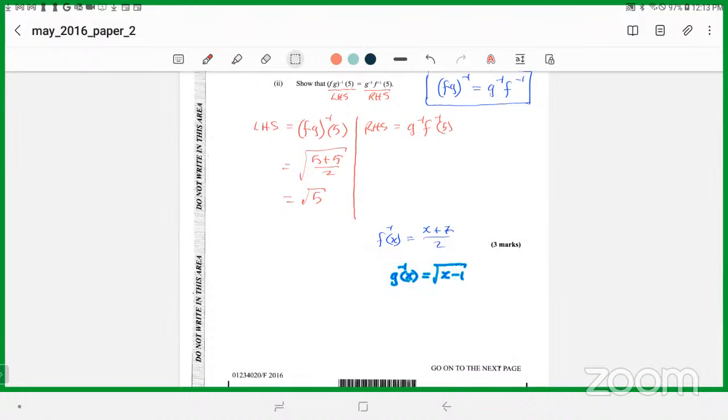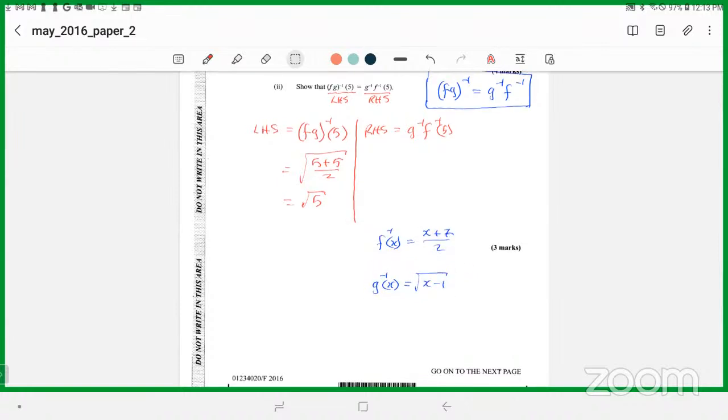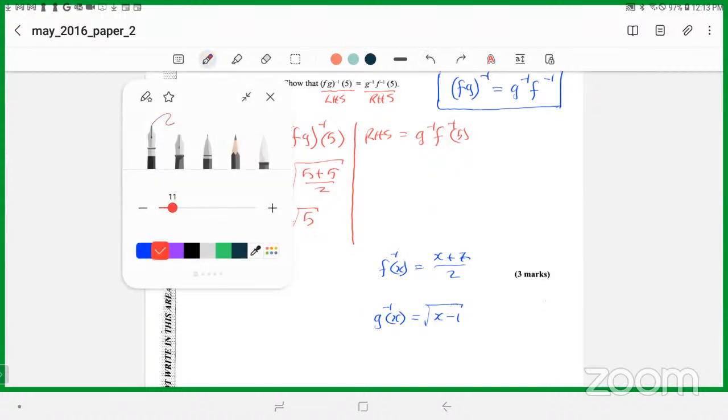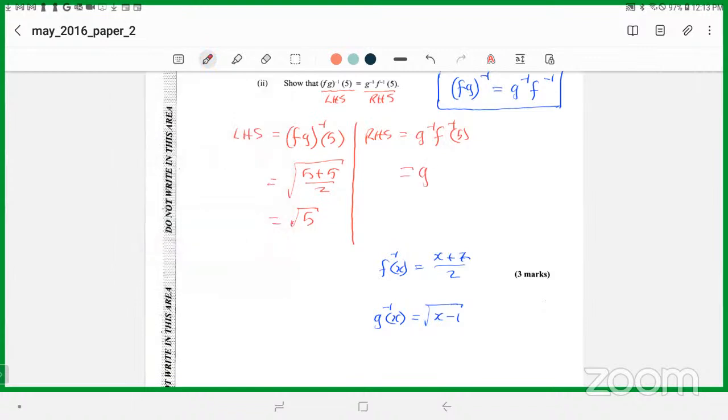All right, let's look at it now. So we're doing the f to the minus 1 of 5 first. This means that we have to do this first, because remember, it means this function followed by this function. So g to the minus 1 of f to the minus 1 of 5 means we're putting 5 inside here.